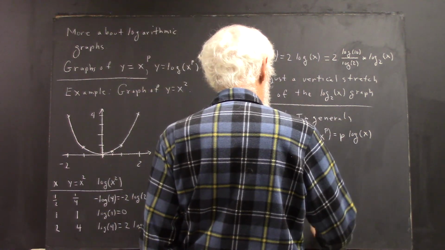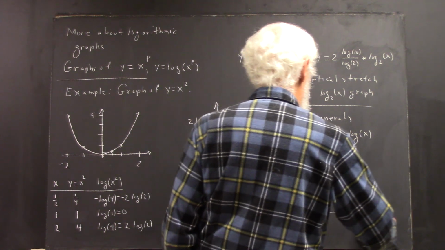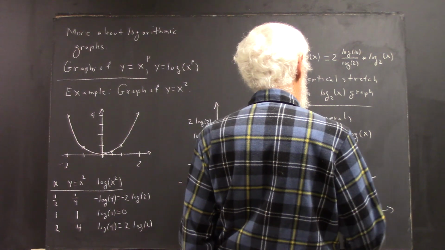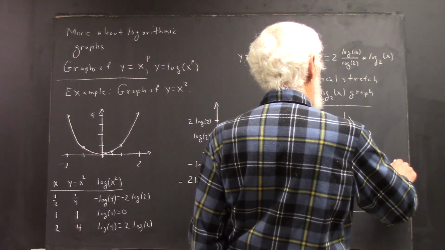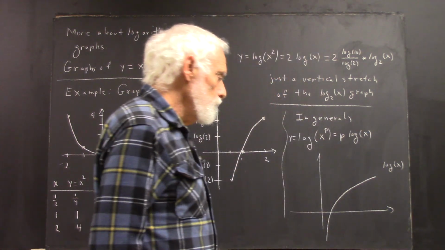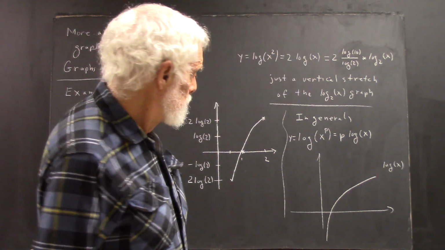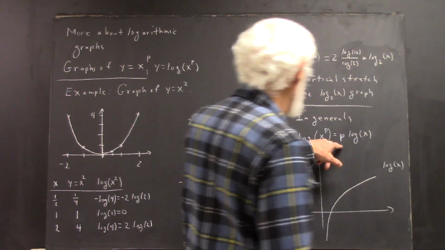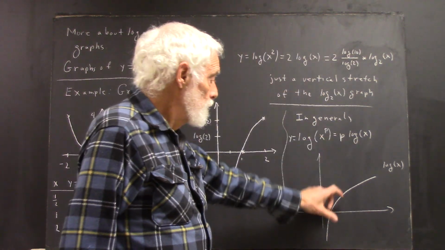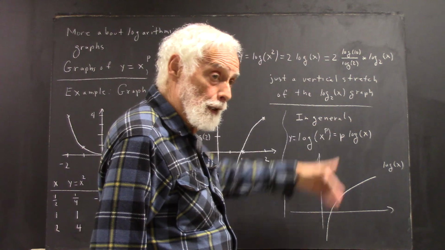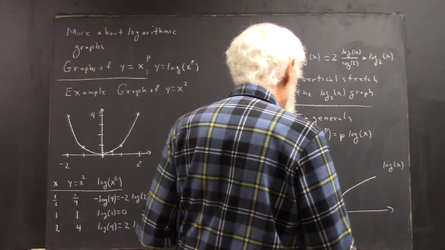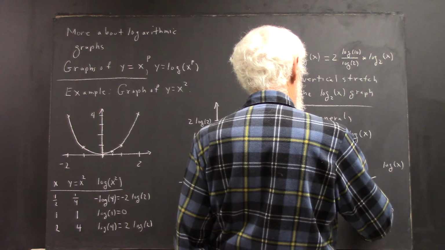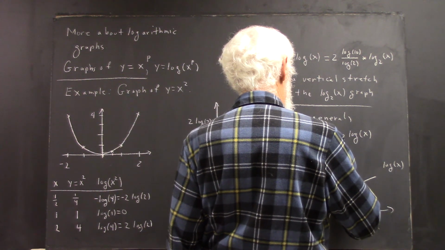So if you have a graph of the log of x function, and p is 2, you're just going to vertically stretch this function by factor 2. Every point moves twice as far from the x-axis.